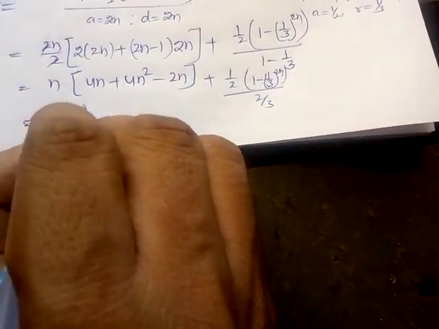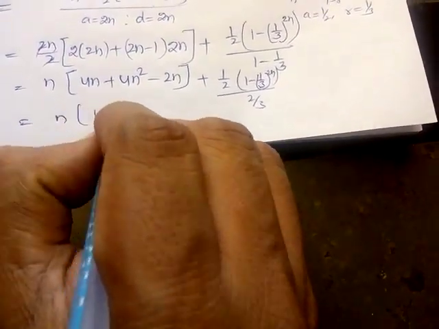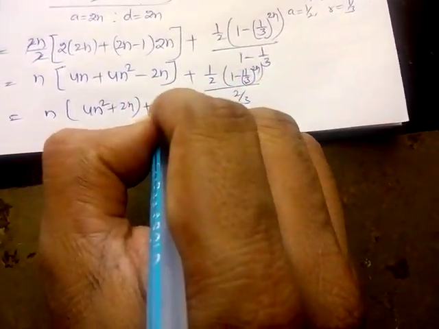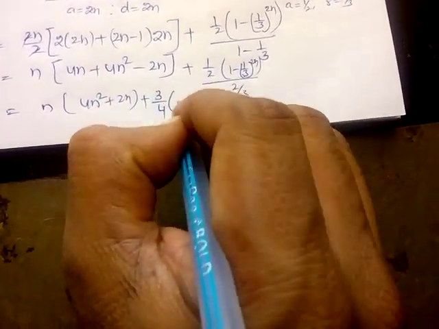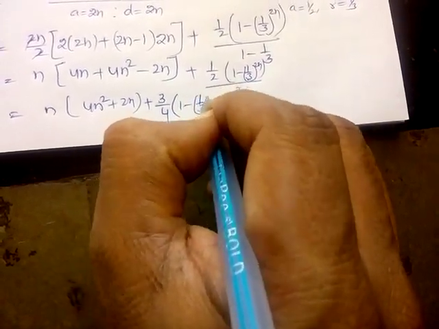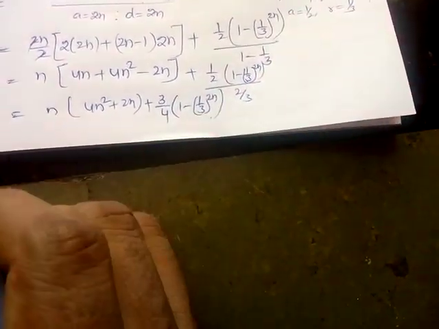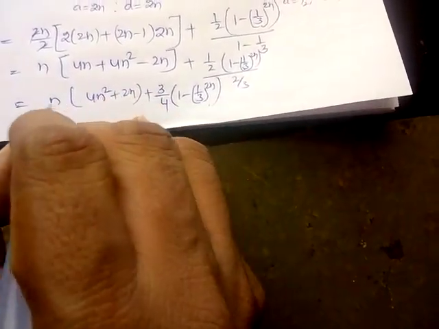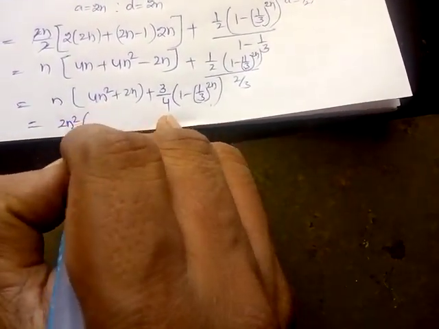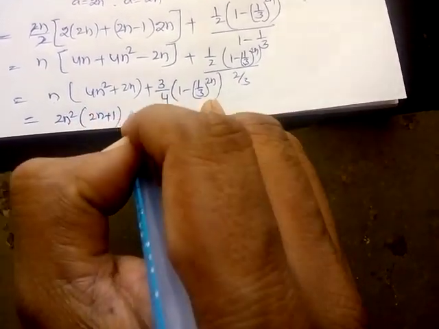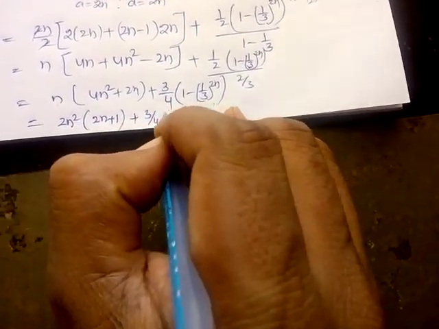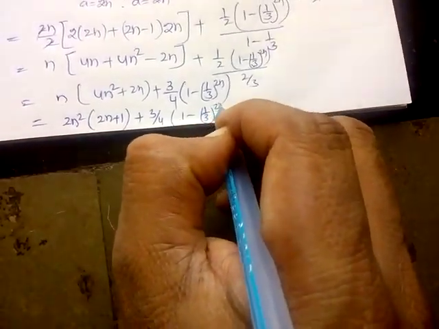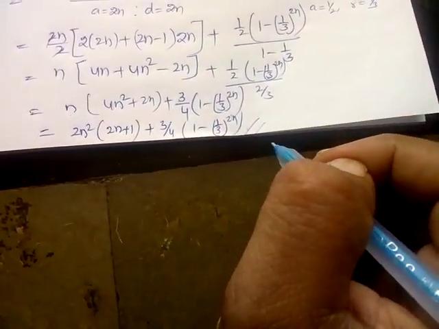So n into (4n square plus 2n) plus 3 by 4 of (1 minus (1 by 3) to the power 2n). By taking 2n common, 2n into n, 2n square plus 2n plus 1, plus 3 by 4 of (1 minus (1 by 3) to the power 2n). This is the answer.